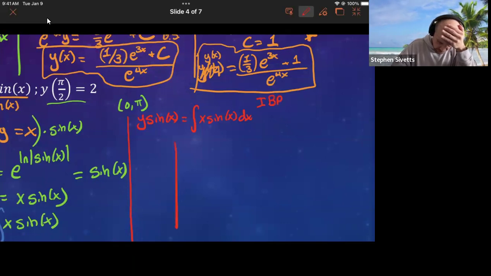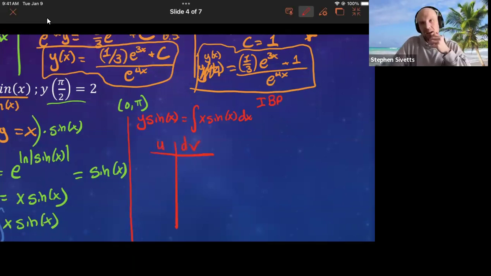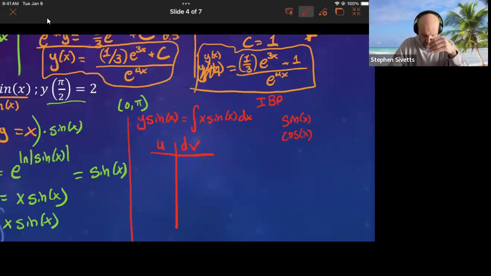So there's a method called tabular integration, right? The u goes on the left and the dv goes on the right, okay? And so you choose u as the function that is simpler to differentiate, so there's no oscillation going on. If you differentiate sine of x, it's cosine of x, and then the derivative of cosine of x is minus sine x, and then you get minus cosine x, and you're back to sine of x again, right?